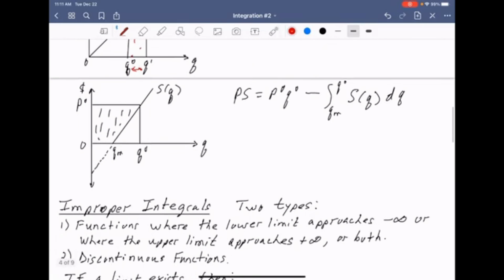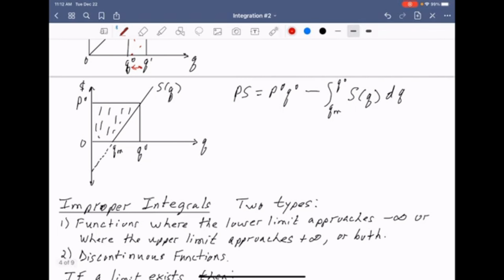Here's another instance of just calculating the producer surplus, where we have a point here where the supply curve intersects the horizontal axis. So we don't want to include this area that I'm dotting in red, but rather we want to look at the total revenue, P0, Q0, and subtract from that only this red area here that I'm shading, and ignore that area underneath the curve beyond or before QM.